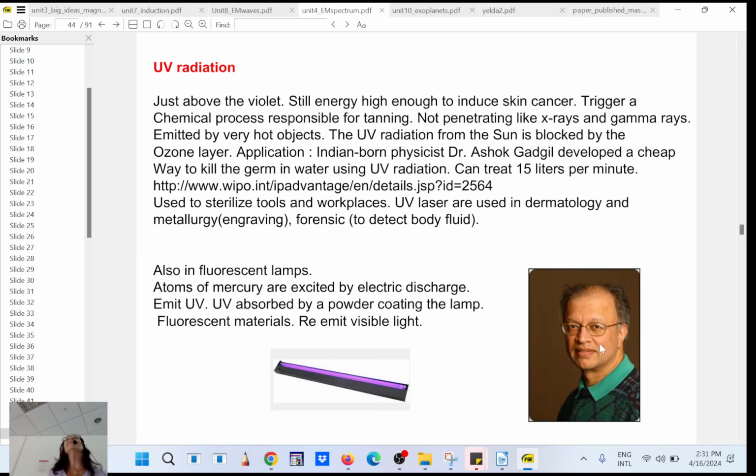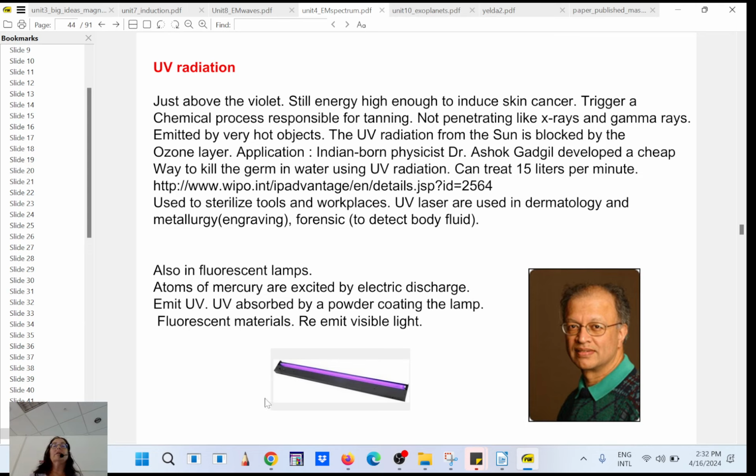Anyway, he's very famous. He's a professor at University of Berkeley, and he found a way to purify water for developing countries, especially for example in Africa, where they don't have access to clean water. It's very cheap to have those UV lamps shining over a bucket of water that they get, I don't know, from the river, for example.